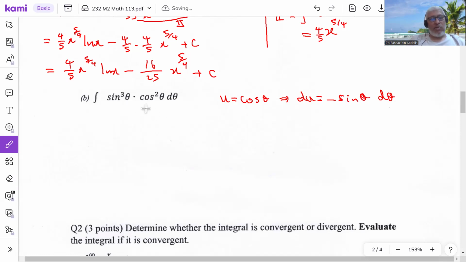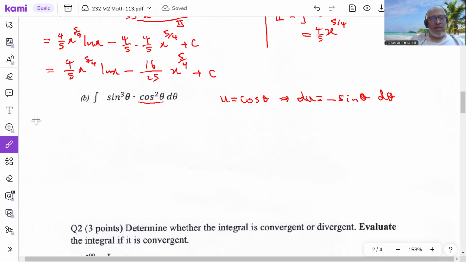So here in this integral, cosine, okay, I'll take it as u. So I'll have u square here. And I need sine theta times d theta to call it du, but I have sine cube. So I need one of them only.